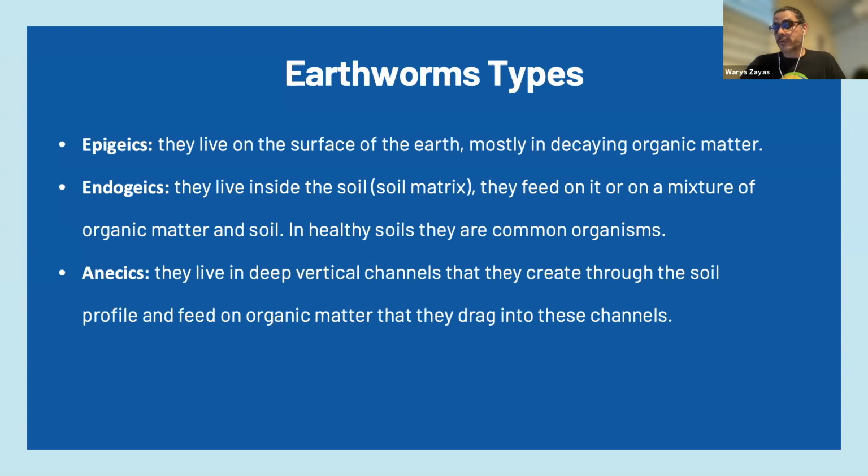But in terms of agriculture, the most important earthworms are the epigeics, and the epigeics are the ones that we use to produce vermicompost, because they live 100% of their life cycle on organic matter.